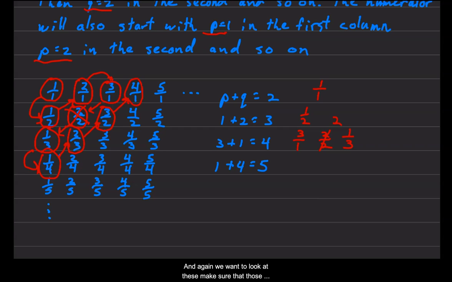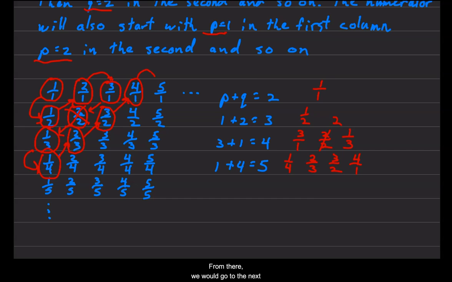And again, we'll want to look at these and make sure that those are all unique. List them out. We have 1 over 4. We have 2 over 3. We have 3 over 2. And we have 4 over 1. And each one of those is unique.